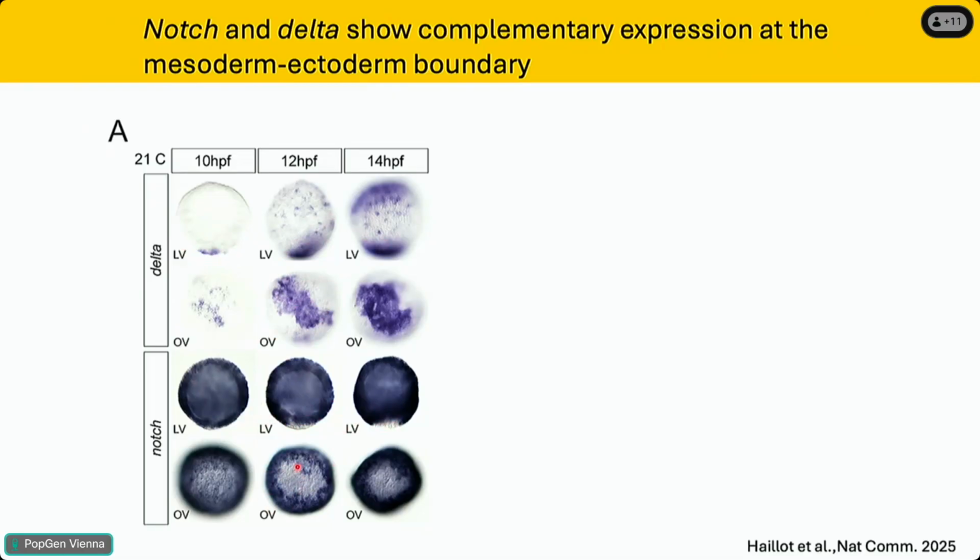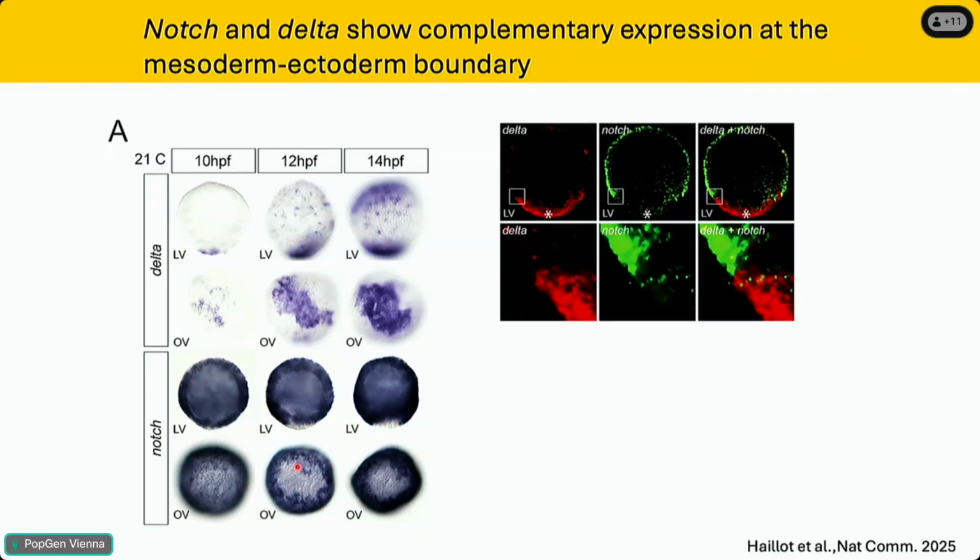But we want to know, of course, is there a cell boundary? So we did double stainings, double fluorescent in situ hybridization, so that you see here Delta in red and Notch in green. If we zoom in, we see that there's really a boundary from one cell to the other between the Delta expression domain and Notch.